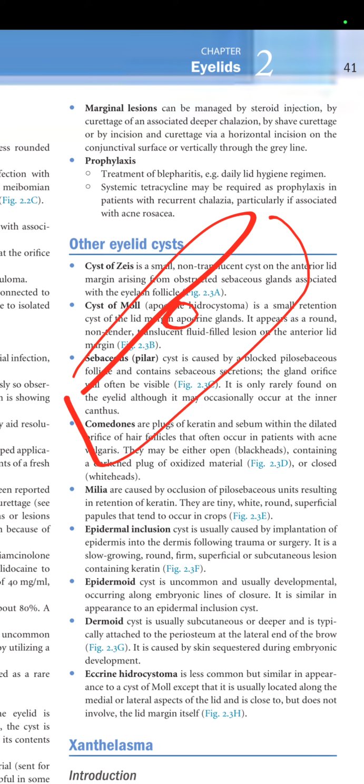You can do curettage, shave biopsy, or incise and then curette. Curettage means you scoop the lesion and remove it altogether. If you want to make the incision on the conjunctival surface, you give it horizontally, and if you want to do it on the lid margin, you give it vertically. It is slightly different from the regular chalazion.